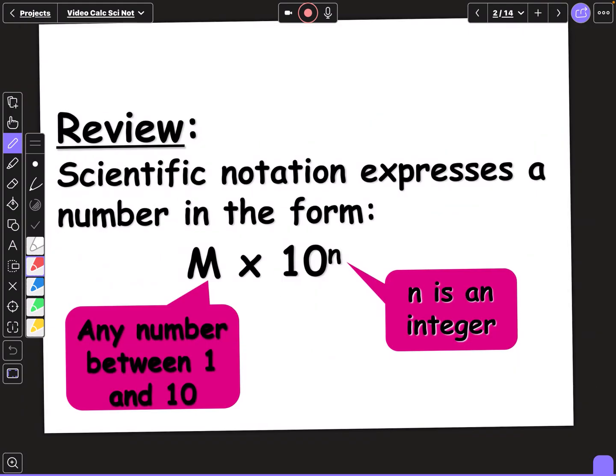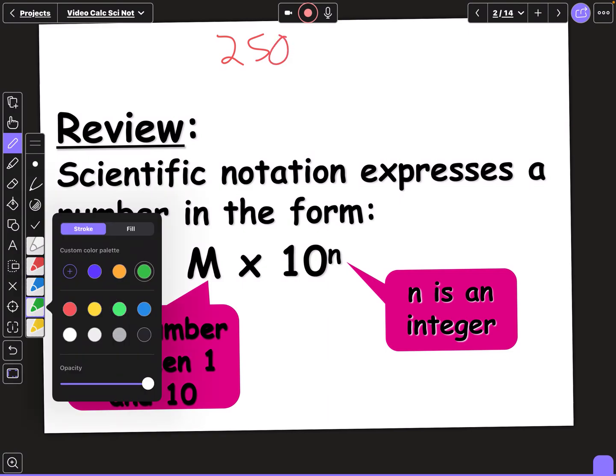All right, so a review: scientific notation expresses a number in the form of m times 10 to the nth power, where m is any number between 1 and 10. N is an integer. It's what we call the exponent. So an example, if I had the number 250 and I wanted to put it in scientific notation, then my decimal would be at the end.